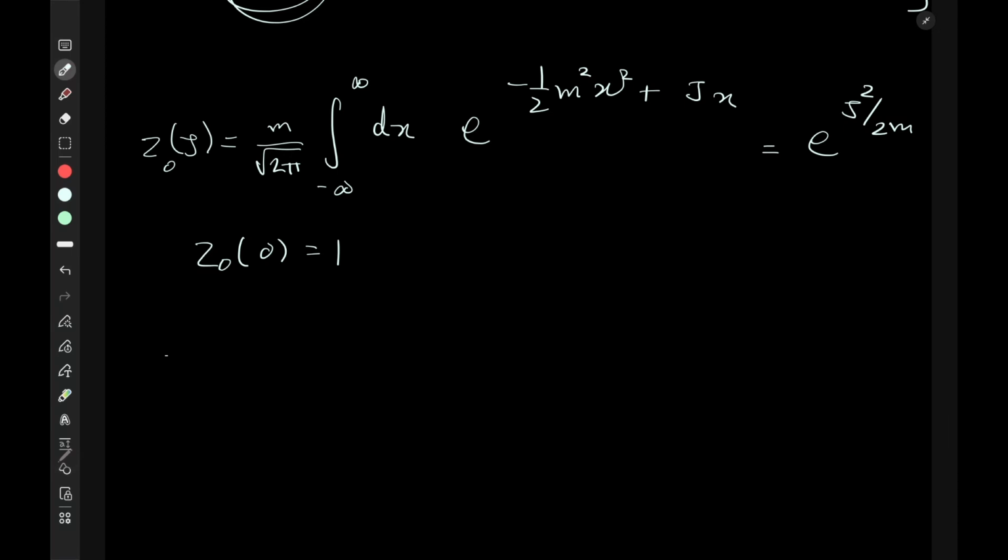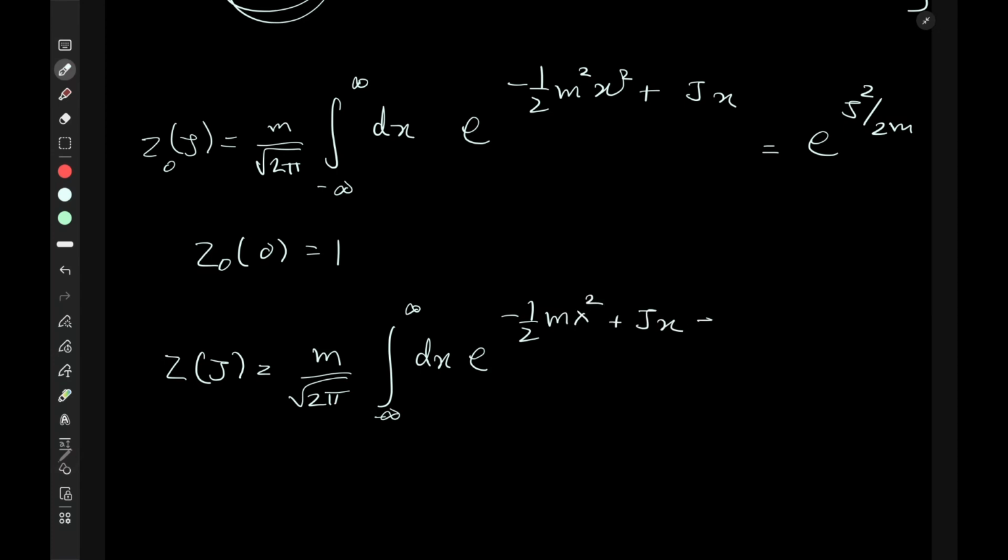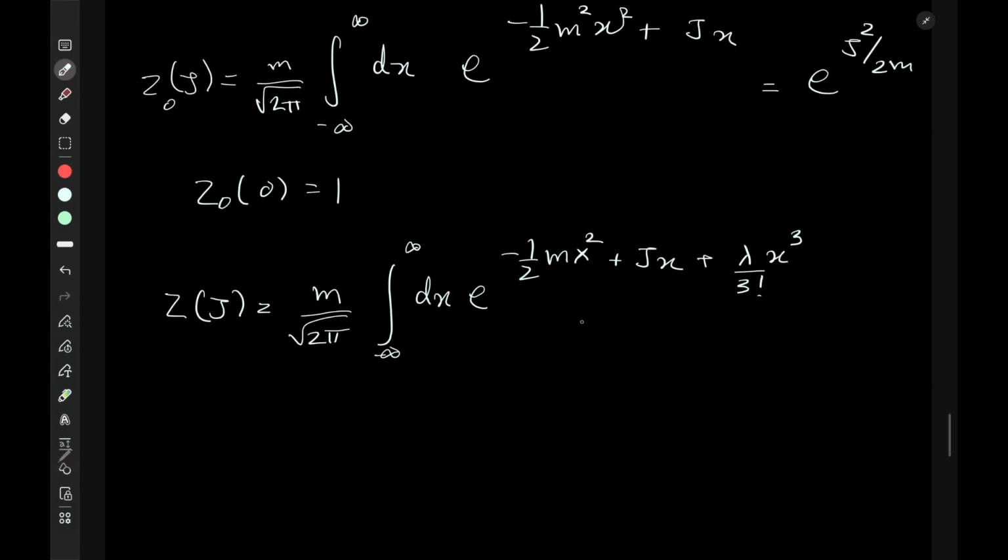Then I considered an interacting integral, which was the same integral, but it had lambda times x to the power 4 in it. And let me just also mention that if I had, let's say, instead of x to the 4, x cubed, and I had put a 3 factorial here, just pulling out a constant from lambda, the procedure would have been the same.